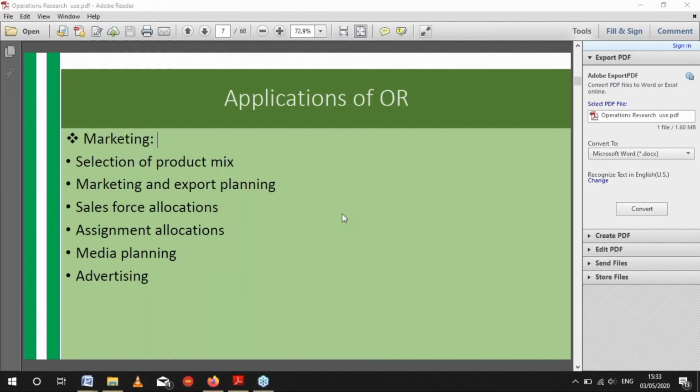Number one, from various courses of action, it is a process of choosing a particular course of action. Number two, it is a human process which involves the application of intellectual abilities.